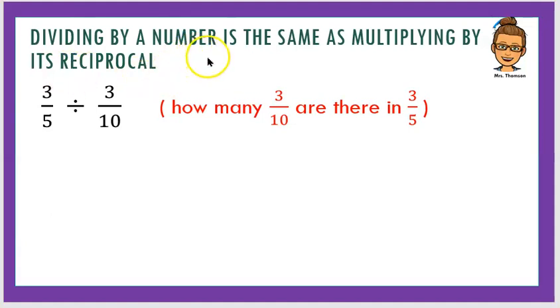So for example, if I am saying 50 divided by 2, it is the same thing as saying 50 multiplied by a half, which is 50 times 1 over 1 times 2, which is 50 over 2, which is equal to 25.